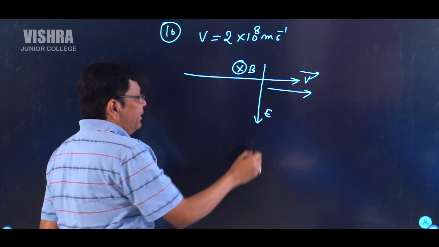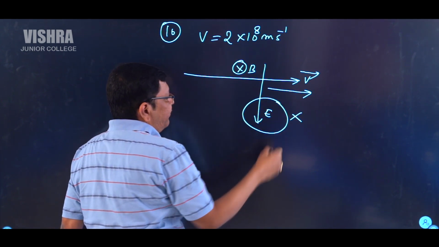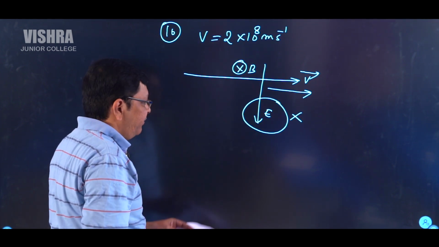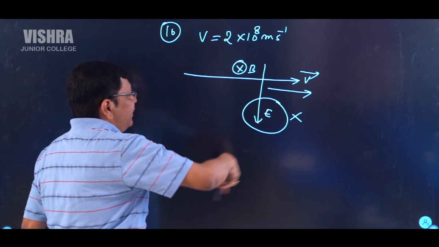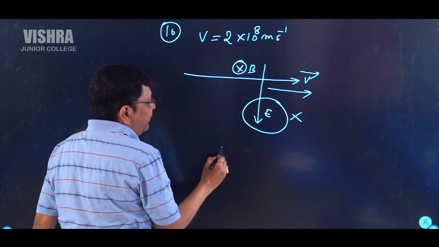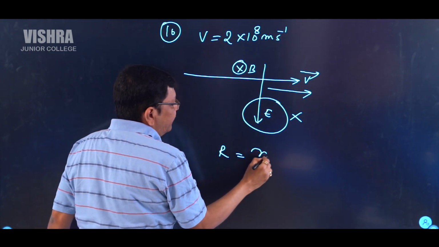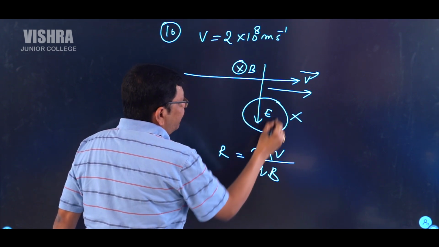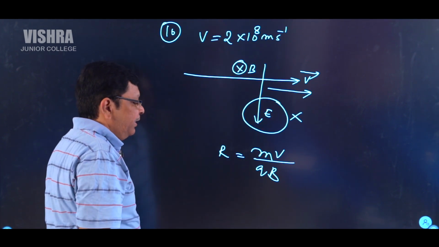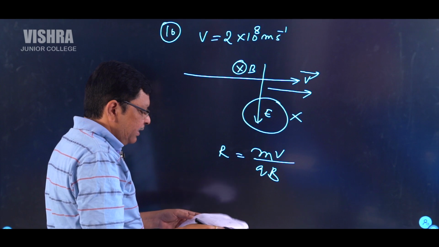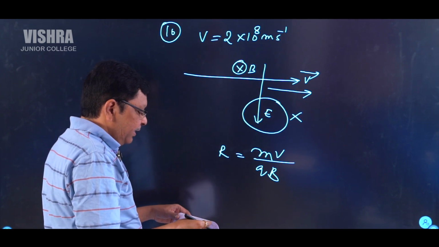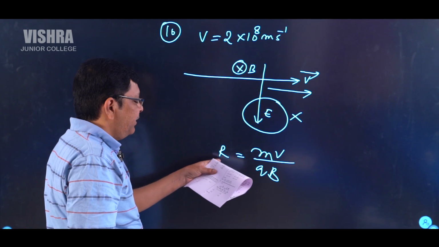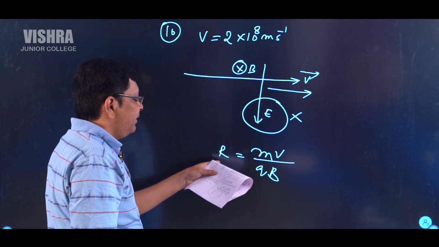Now what he has done is, he switched off the electric field. When the electric field is switched off, only the magnetic field exists, then it will travel in a circular path of radius r equal to mv by qB, because here the velocity of the proton is perpendicular to the magnetic field. In the question he asked the same thing: when the electric field is switched off, the radius of the path followed by the proton's orbit is given as r.